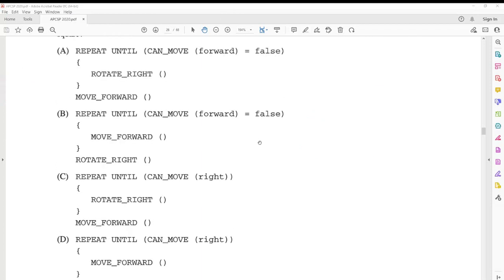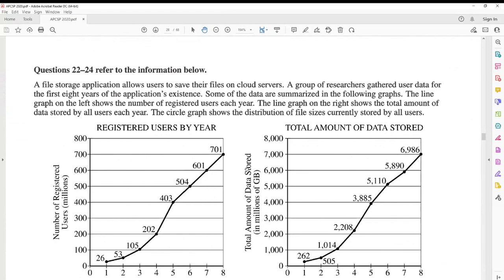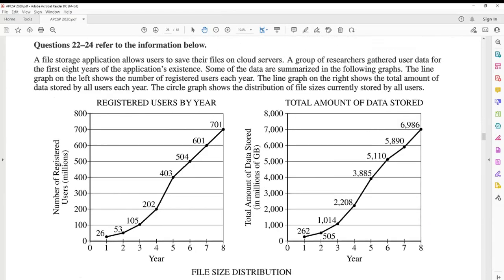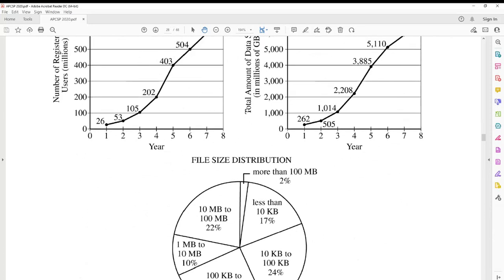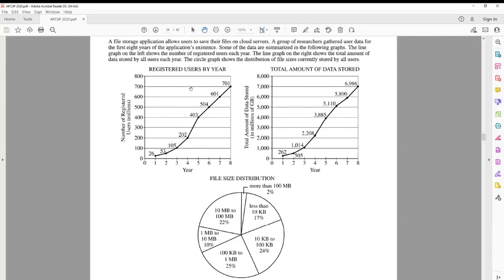Okay, number 22. Here we got three diagrams. Let me actually minimize it. So basically it's registered users per year and total amount of data stored. The total amount of data stored and the registered users look like they actually have similar growth.